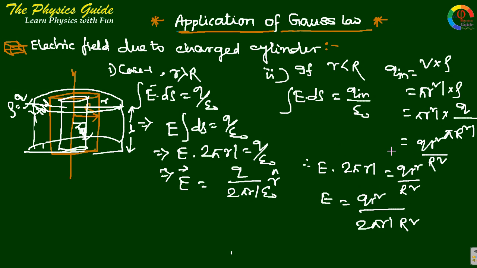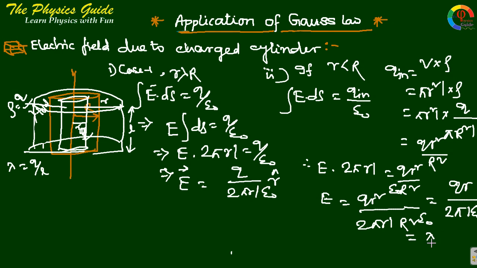There should be epsilon naught, so E equals q r by 2 pi l capital R square epsilon naught. Q by l can also be converted to lambda, where lambda equals charge per unit length.